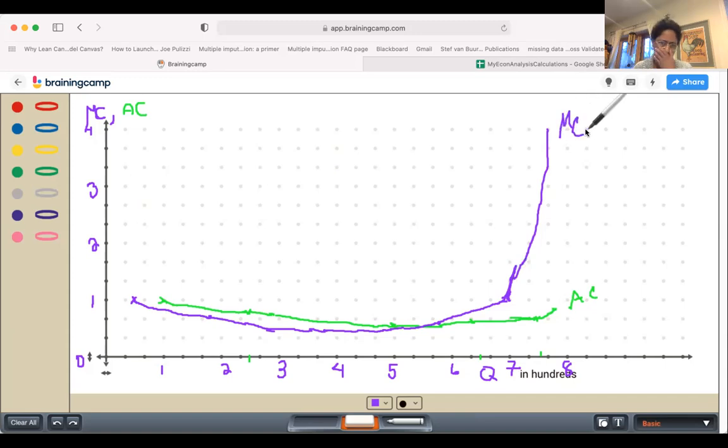So the important thing here is the pattern. Marginal cost is falling due to specialization. It will at some point start to rise because of diminishing returns to the fixed materials that we have: equipment, space, land. But as long as the marginal cost is below the average cost, it will continue to drag down the average cost.